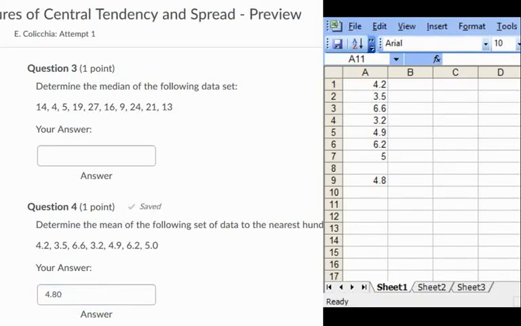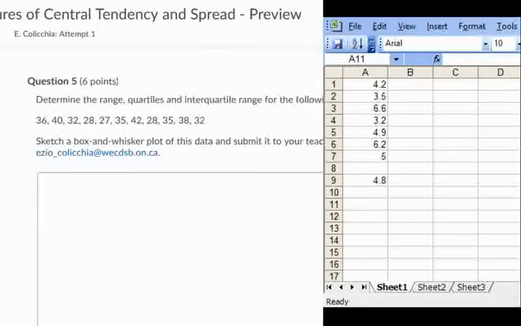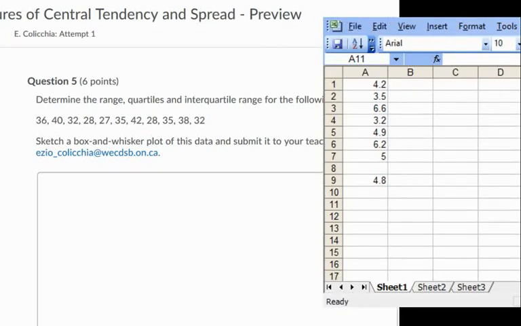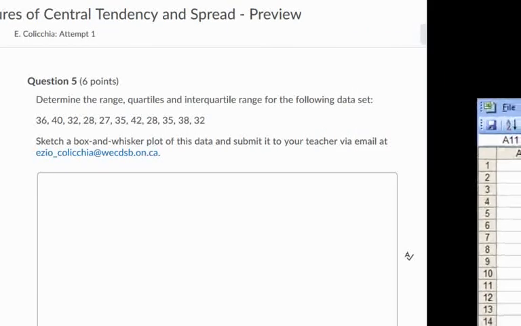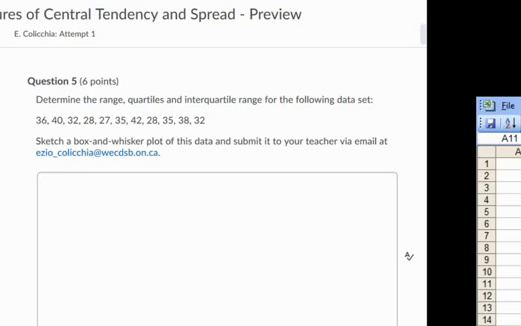The next 2 problems are going to be a bit larger here, so I'm going to extend the screen so you can see what it says, and we'll move that off to the side. So for number 5, you'll have to find the range, the quartiles, and the interquartile range.